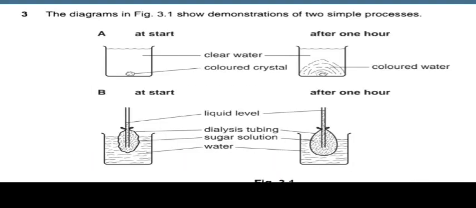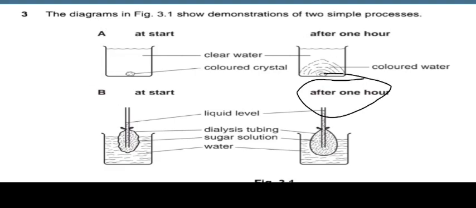So the question is saying the diagrams in figure 3.1 show demonstrations of two simple processes. We have A at start, we also have B at start, then after 1 hour.